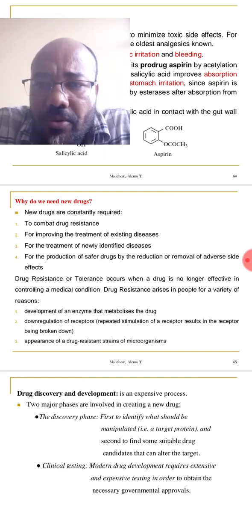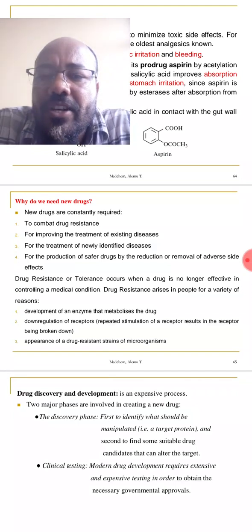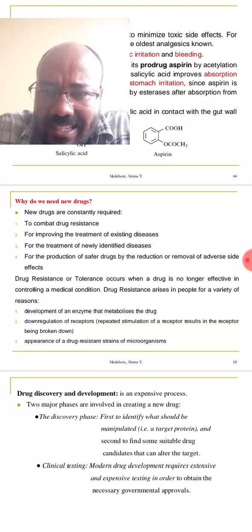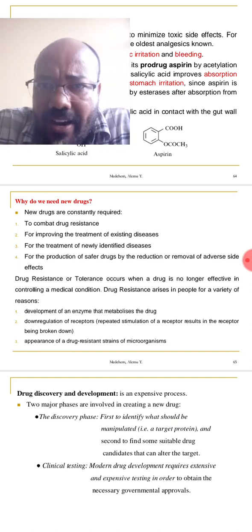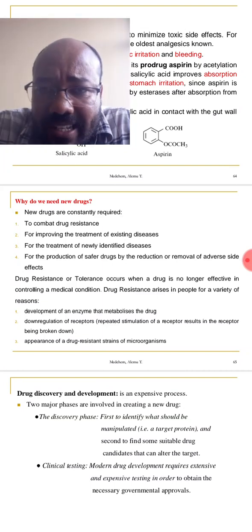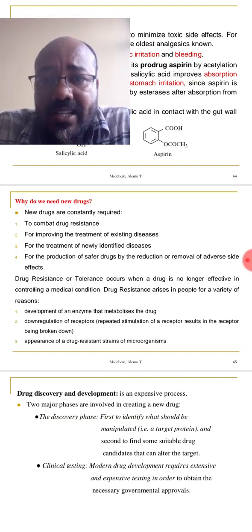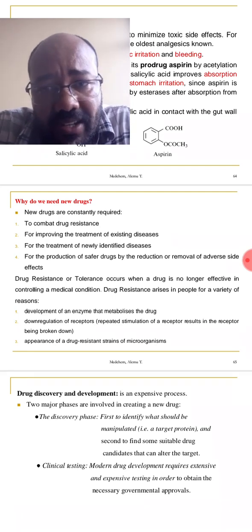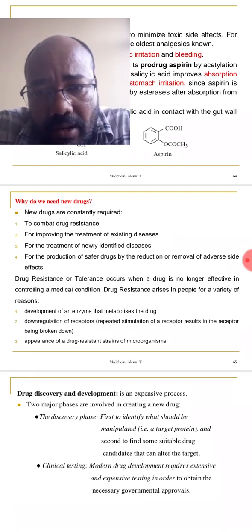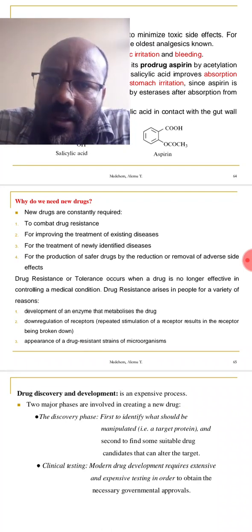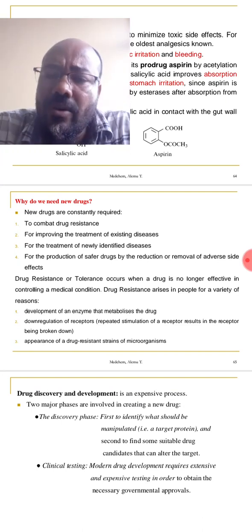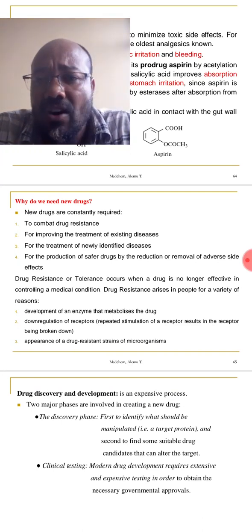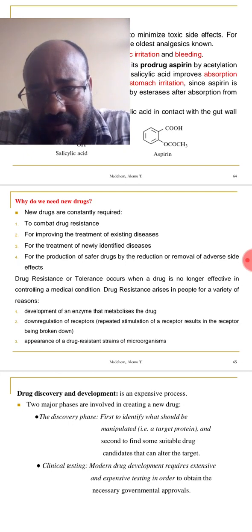Also, another objective of why we need new drugs is for treatment of newly identified diseases. We need new drugs for Ebola, for Zika virus, for coronavirus. These are new diseases. If there is a new disease, we can search for a new drug for its treatment. Also, to produce safer drugs, because we have drugs that have a lot of side effects.